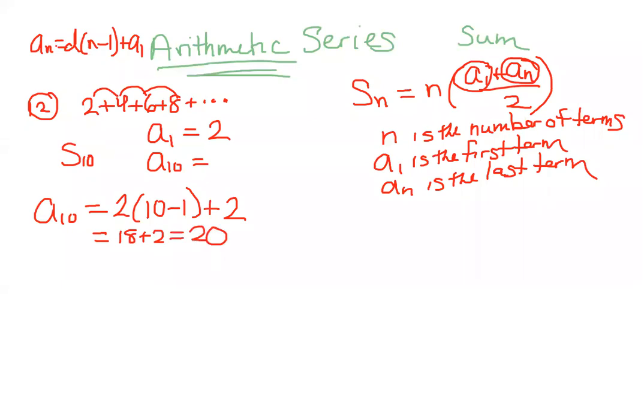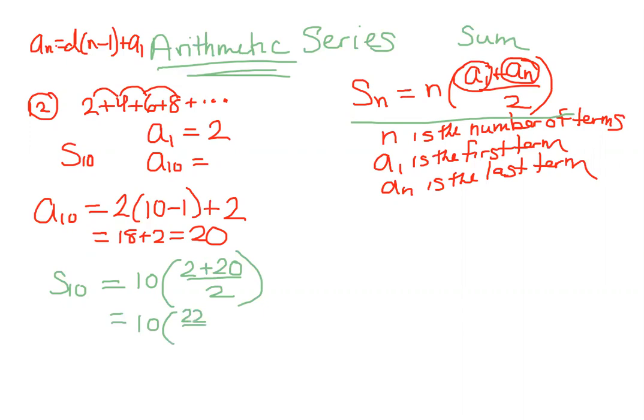So A10 is 20. So to find our S10, we're going to use this and put a 10 in for n. So we're going to have 10 times the first term plus the last term, and divide that by 2. So that is 22 divided by 2, which is 10 times 11, which is 110.